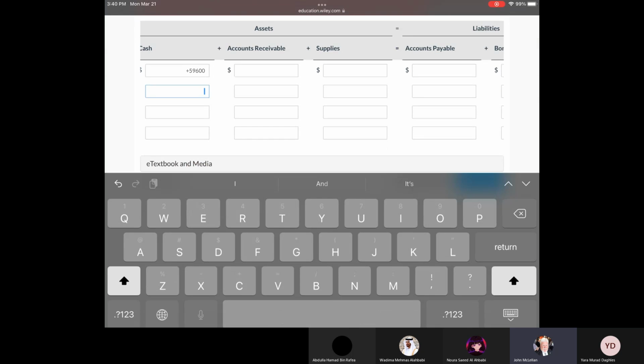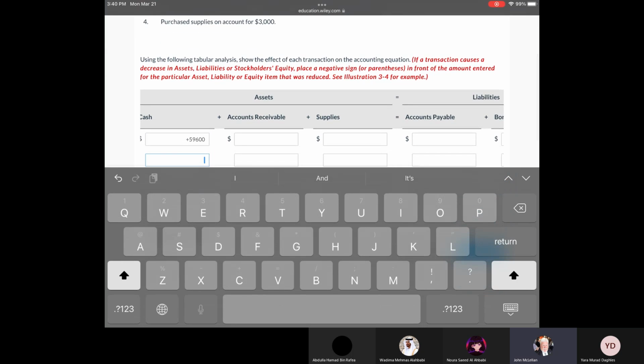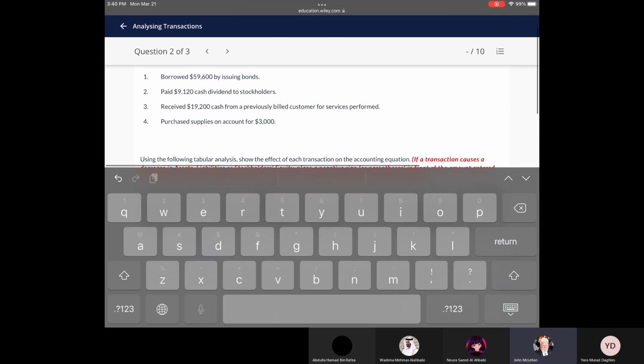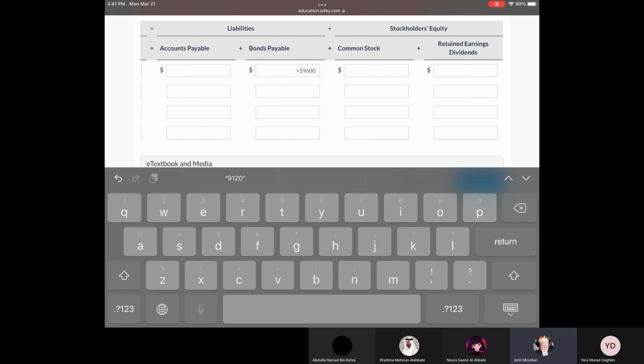Cash and dividends. Now, what happened to cash? Up or down? Yeah, down. What happened to dividends? Now, keep in mind, dividends was negative. No, I think, yeah, make it negative, okay?